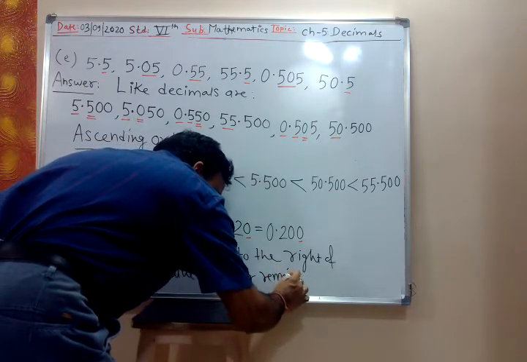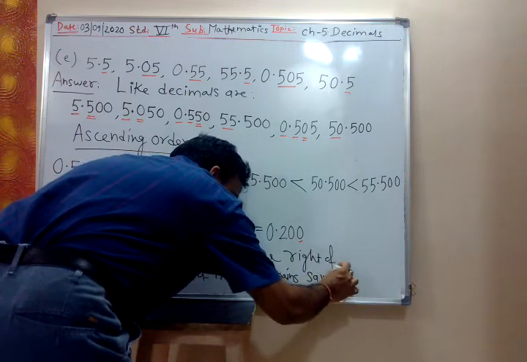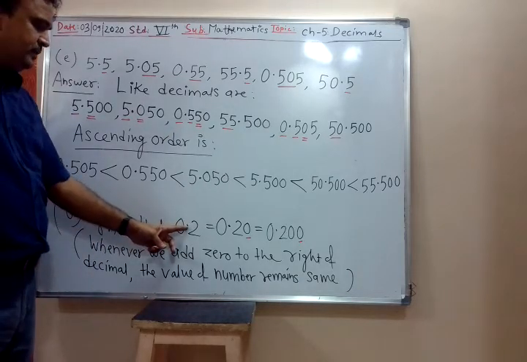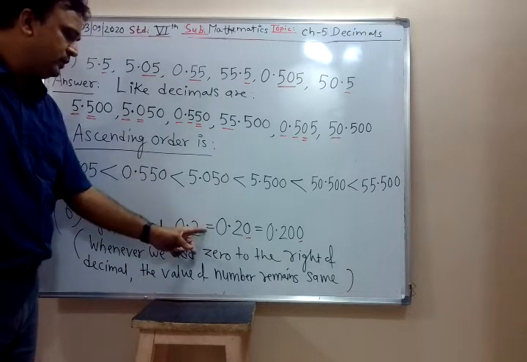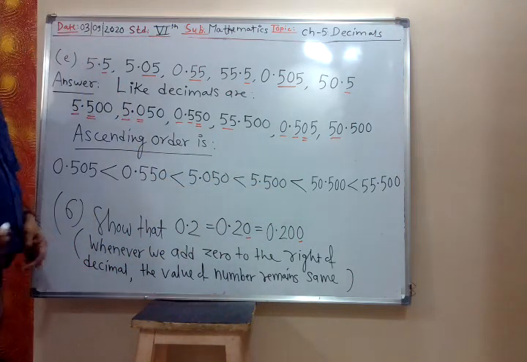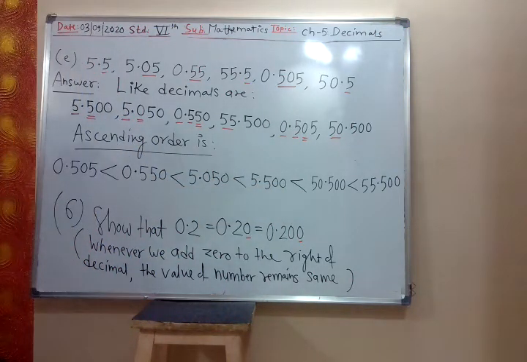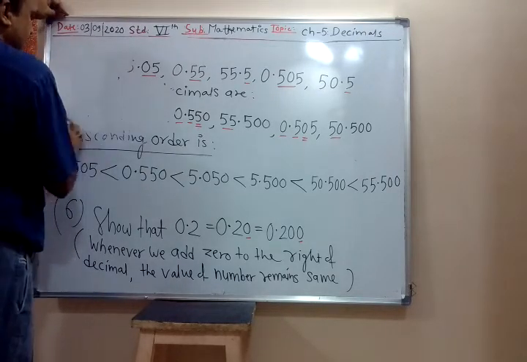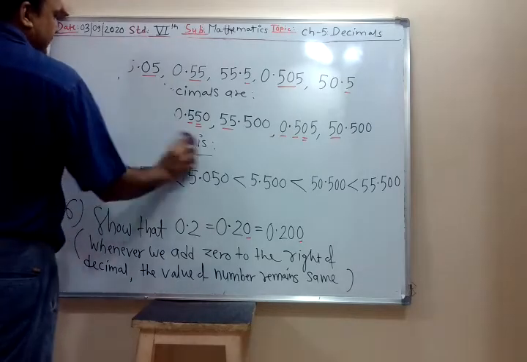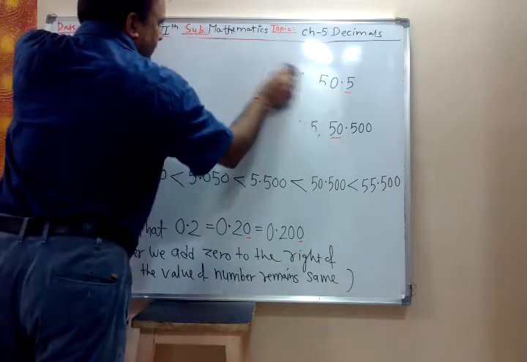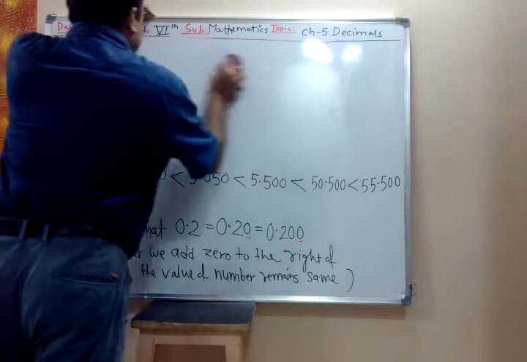It means they are equal; the value does not change. In 0.2 we have added 0, so these two are equal. Again when I add 0 to the right, these two are equal. So whenever we add 0 to the right of the decimal, the value of the number remains same.